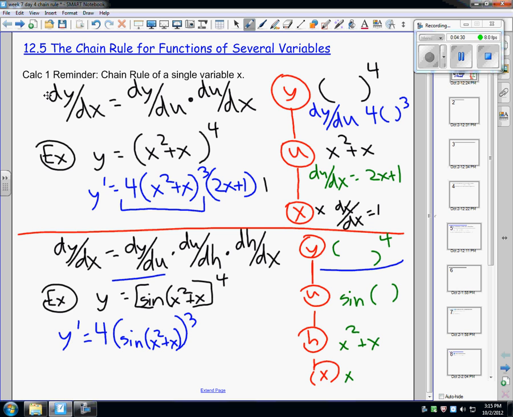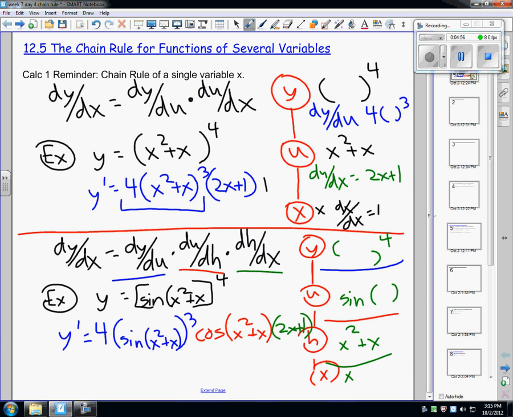Then I multiply by the derivative of sine. The derivative of sine is cosine, and I keep everything the same. That's du/dh. And finally, I have to do the derivative of x squared plus x, which is the 2x plus 1, which again is that dh/dx.